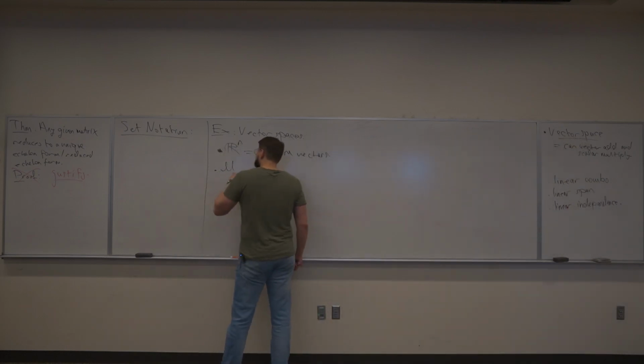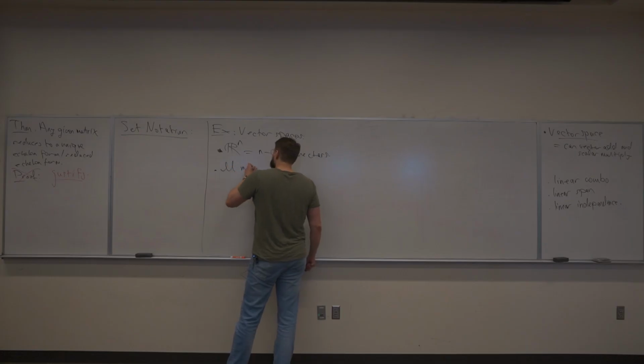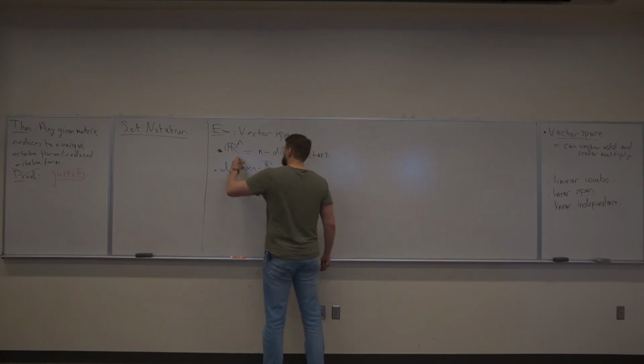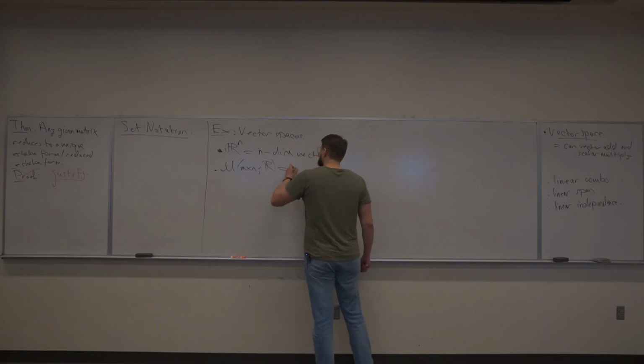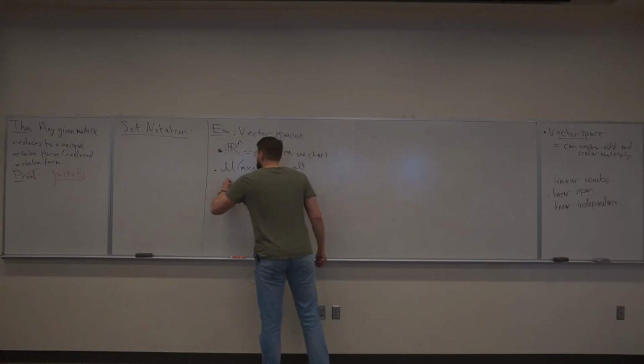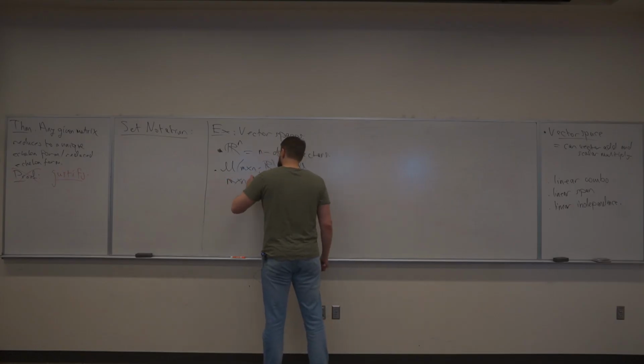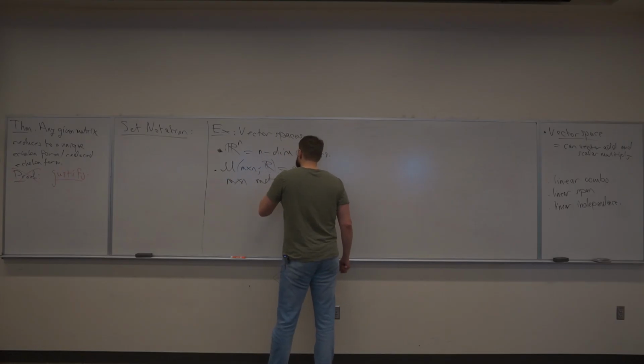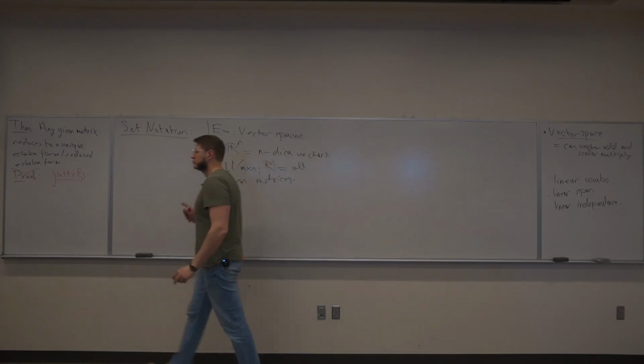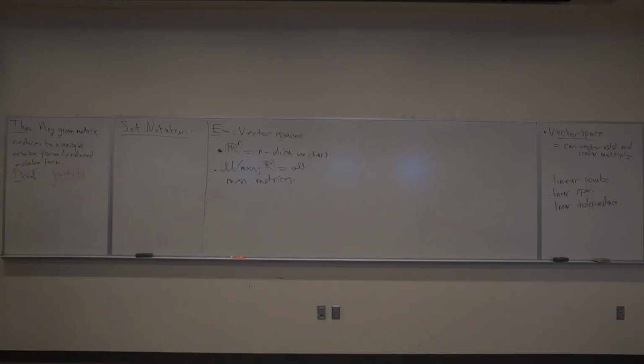I'm going to denote this by curly M, m by n, semicolon R, all m by n matrices. This is also a vector space technically, so matrices are also technically vectors.